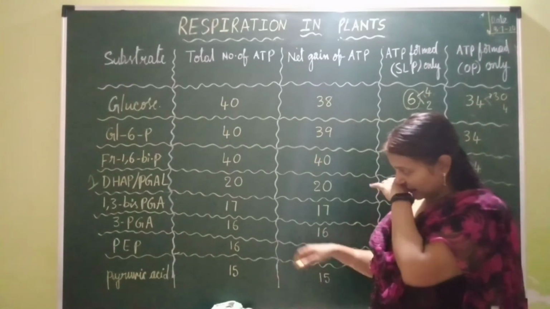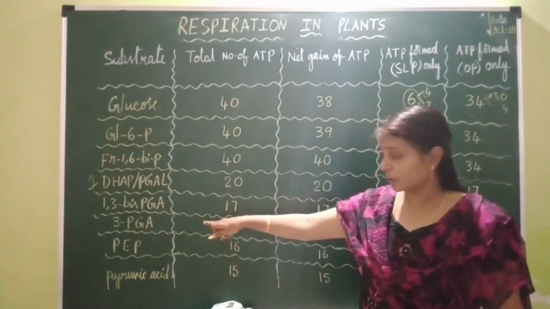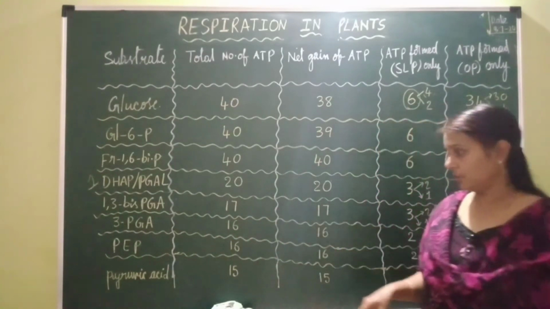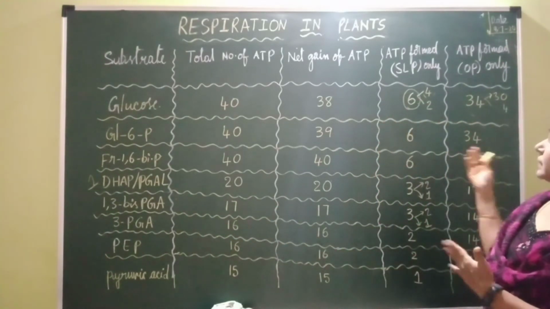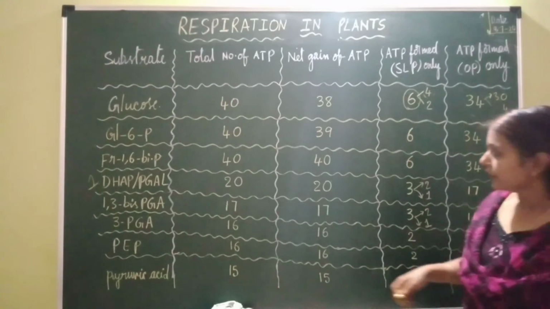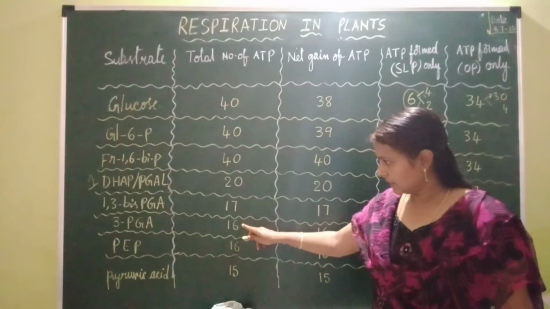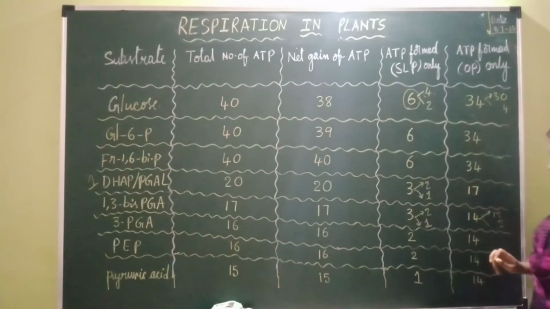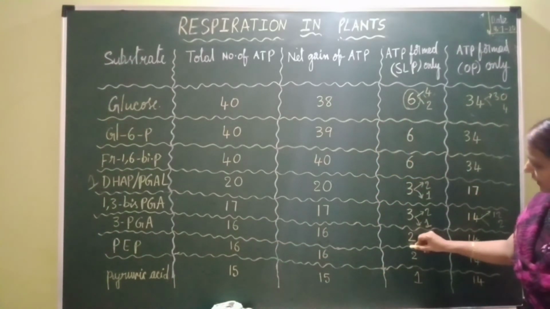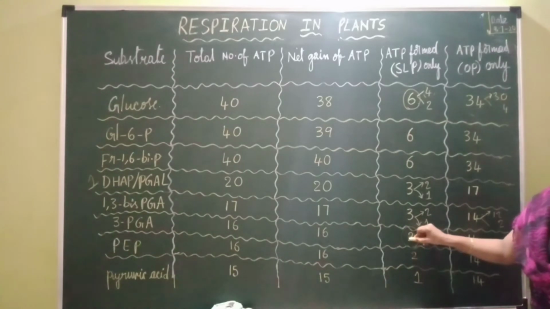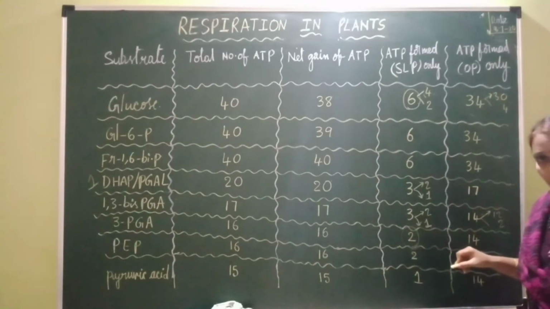Next coming to 3-PGA. When one molecule of 3-PGA undergoes oxidation through aerobic respiration, what happens with respect to all these conditions? Total number of ATP formed is 16. Let's see how the 16 ATPs are formed. ATPs formed through SLP is 2 molecules. Why are we taking 2 molecules?